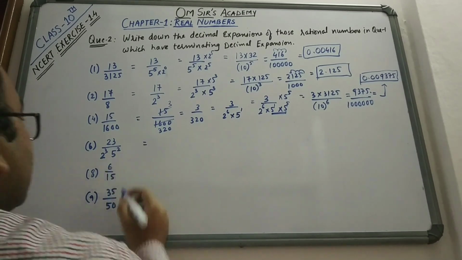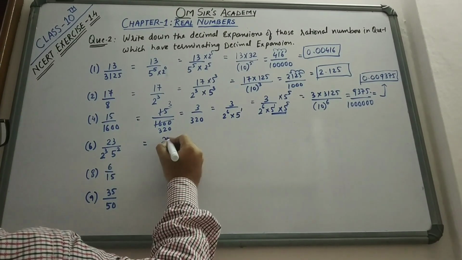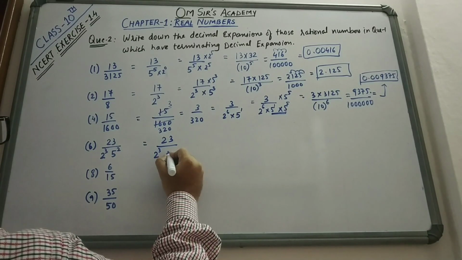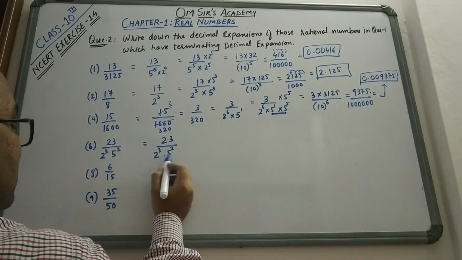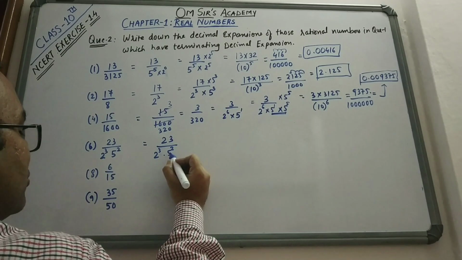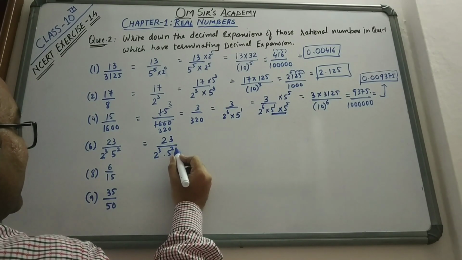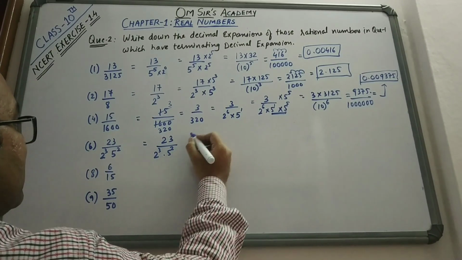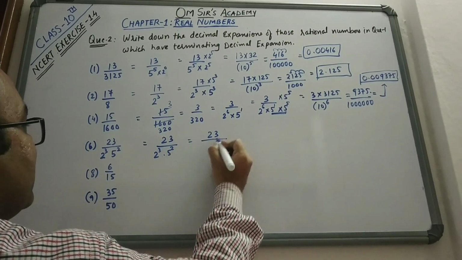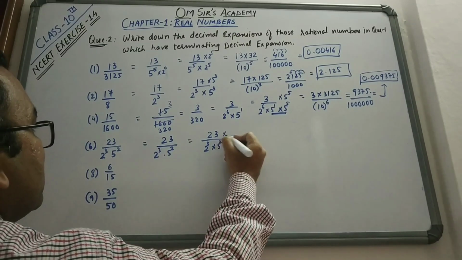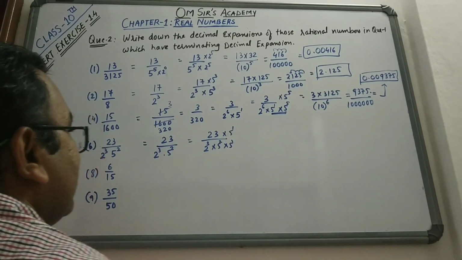Now we move to the sixth question. Sixth question is 23 upon 2 raised to 3 into 5 raised to 2. Now here the highest power was 3. So here what I need is to balance it, I need to multiply 5 raised to 1 more time. So it will be 23 upon 2 raised to 3 into 5 raised to 2 into 5 raised to 1 on the numerator and denominator side.